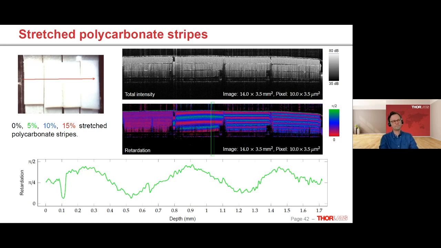Maybe Pablo, you can comment on how to extract the individual layers out of this. Well, just the individual layers is difficult. From these pictures, over several layers, you can think of the slope of this curve.